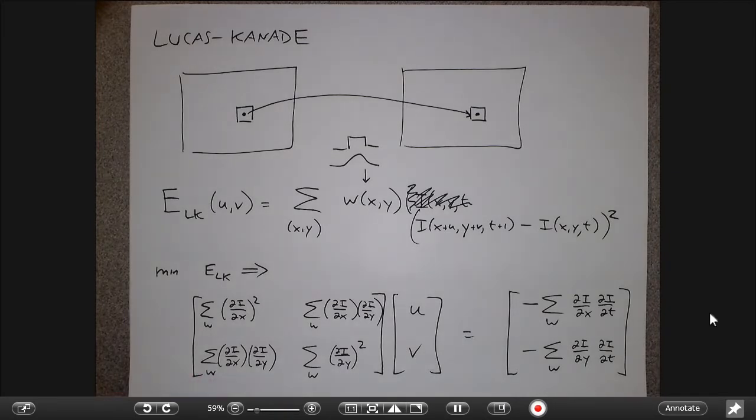And so that's exactly the problem with this method: the assumption is that there's enough texture inside the block to make this motion vector accurately measurable, right? That's the drawback of this method. For this to work at every pixel, I may need to choose my boxes to be relatively large, right? And if I choose my boxes to be relatively large, the assumption that the same UV holds for all the pixels in the block may be compromised, right?